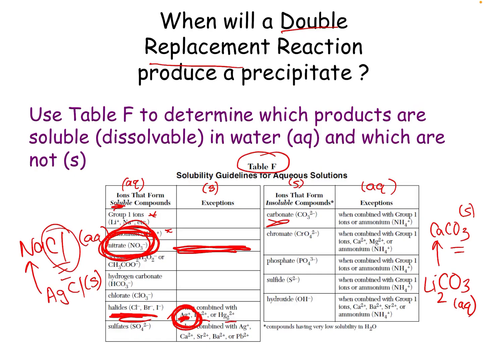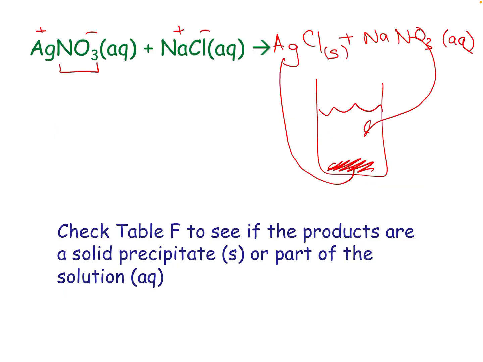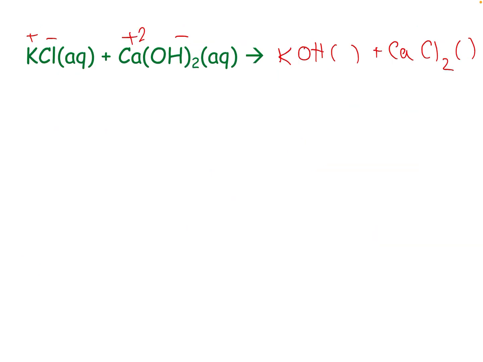So it's going back. Hydroxide is here, which is insoluble except with group 1, calcium, barium, strontium, or ammonium. So look, this is an exception. Oh, sorry, that was hydroxide.